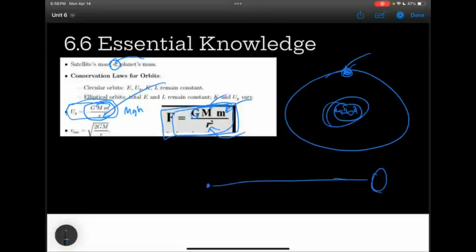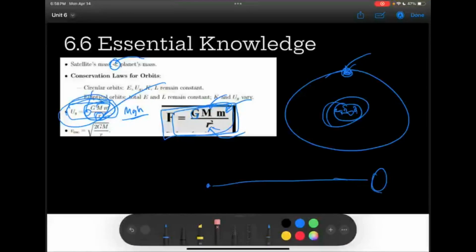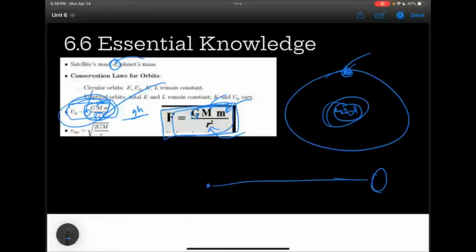If they're really close, they'll have a lot because this radius is in the denominator. Anyways, all you need to know is that there's this formula. Note that this is negative. And yeah, if you want, as an exercise, you could try to derive mgh from this. Sorry, there should be a little m, if we're keeping the notation constant, because big M would be the mass of the Earth.